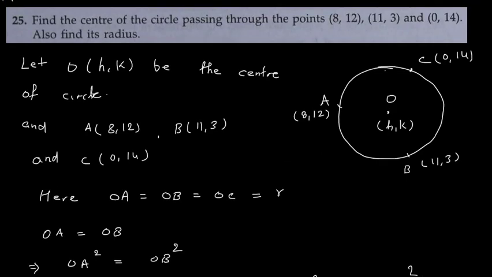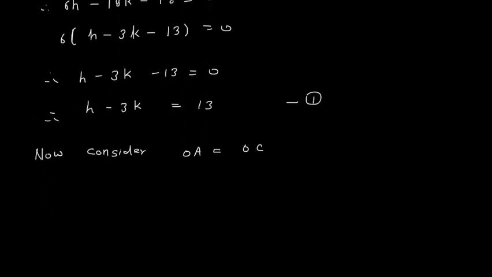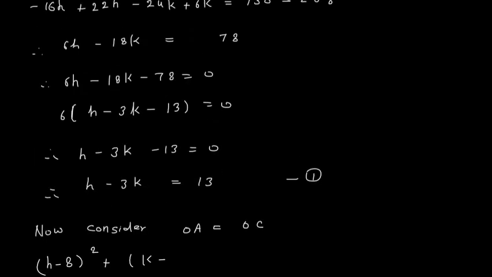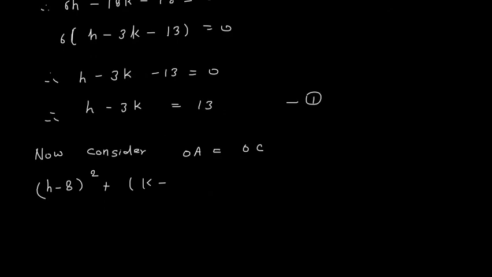So OA is (h minus 8) the whole square plus (k minus 12) the whole square is equal to... So here what I am using is OA square is equal to OC square.